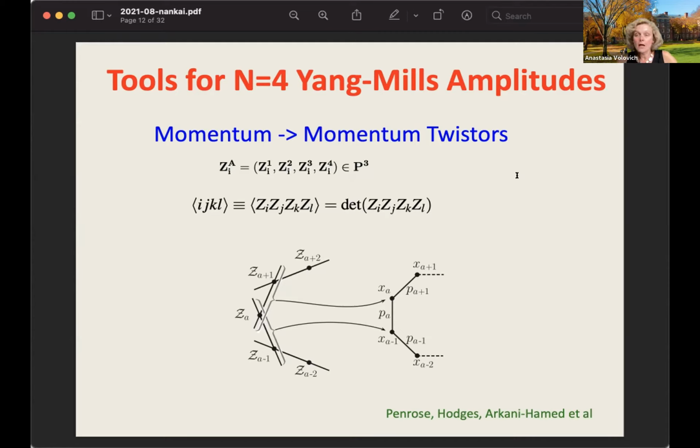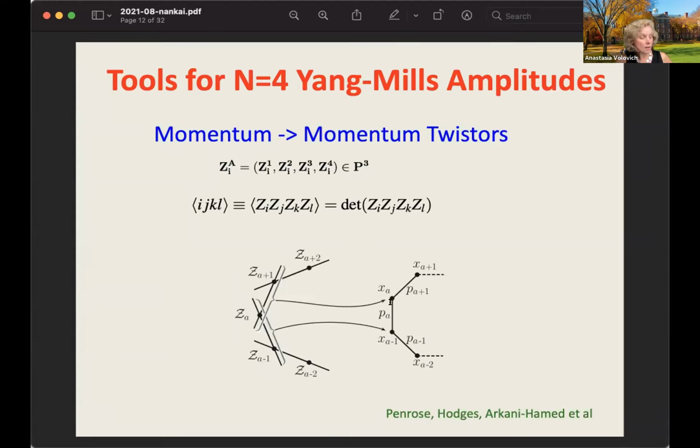So instead here, instead of labeling amplitudes with momentum, it's useful to use momentum twistors. So what one does, one goes from momentum to something called dual space.